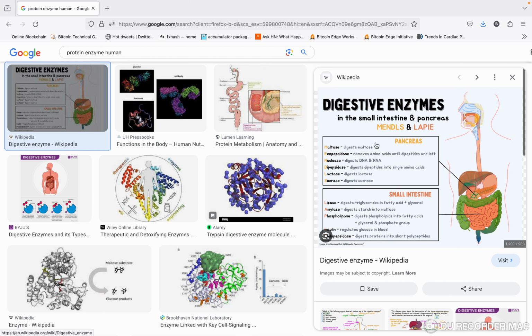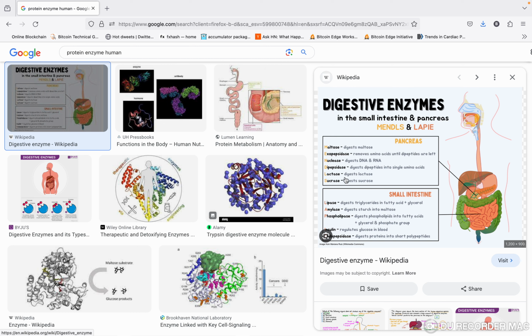Nuclease digests DNA and RNA and is secreted from the pancreas. So the DNA and RNA in food, that is the cells of whatever you are eating, will be digested by nuclease secreted from the pancreas.